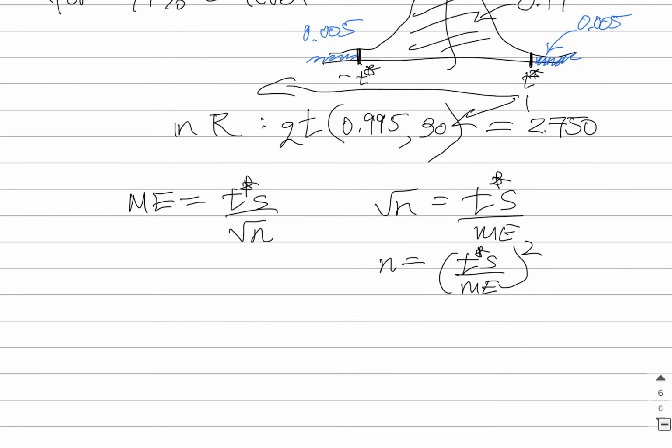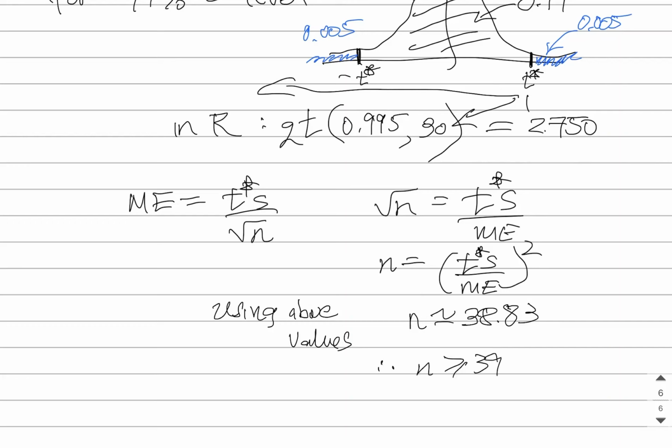If you plug in the values that we had from before, using the above values, you will find that n is going to be about 38.83. That means you're going to need a sample size of 39 or higher, because you can't have a sample size with fractional points, only discrete jumps.